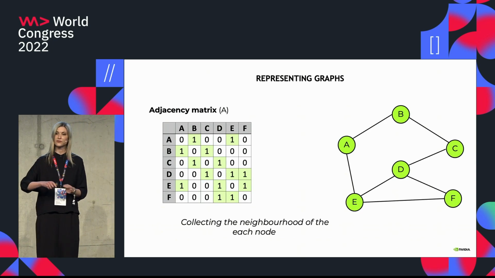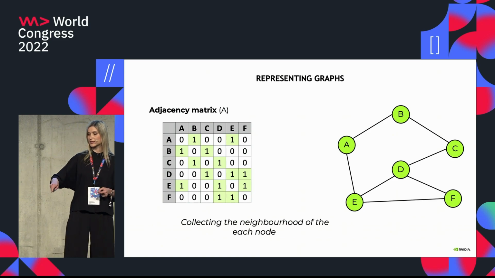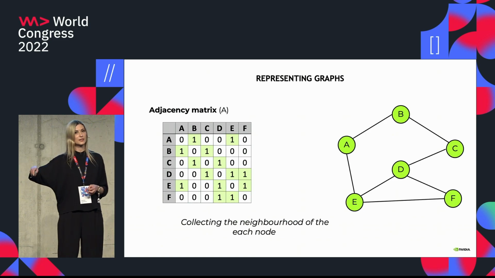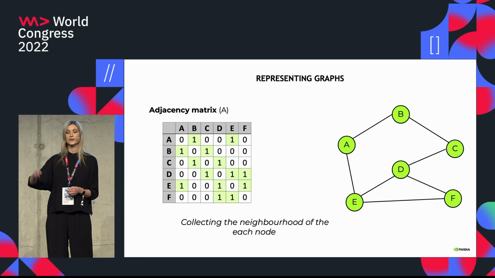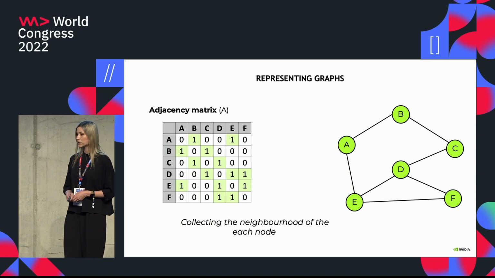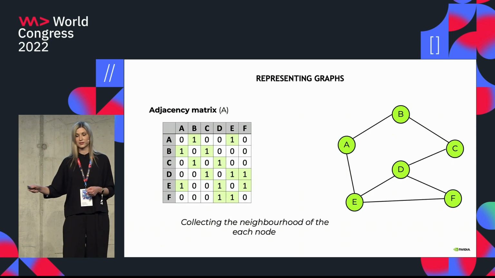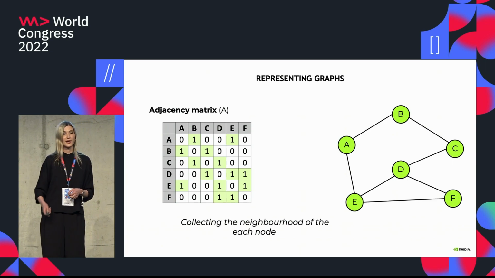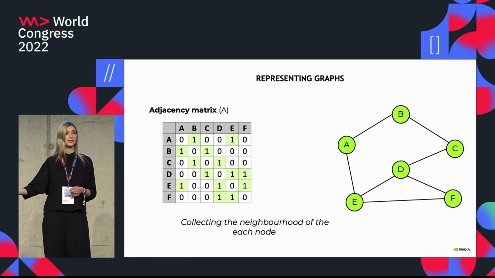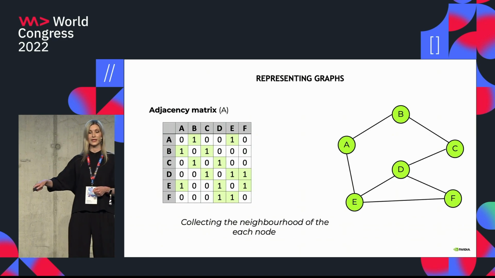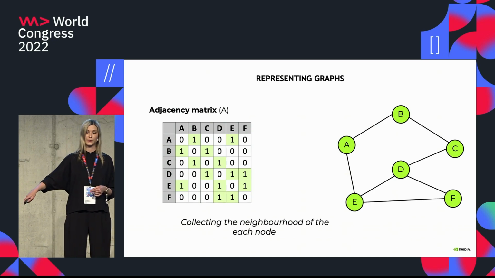So if we have an edge between node A and B, in the matrix cell with the indexes A and B, we put the value of 1. Note that for undirected graphs, this matrix is symmetric. And if we have, for example, weighted edges, we put these weights in the matrix instead of the values of 1.